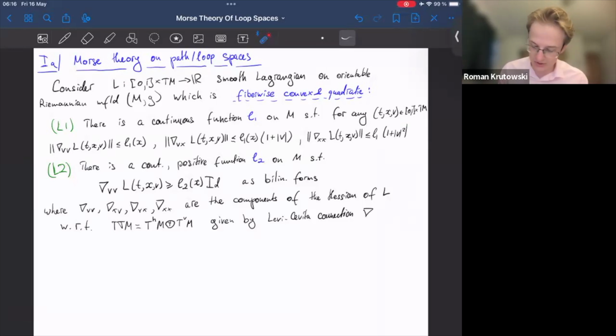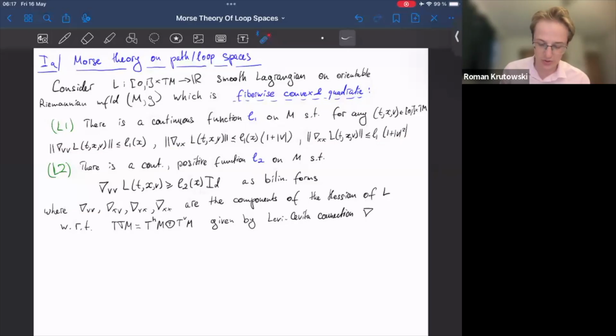But if we fix a splitting using Levi-Civita connection, this can be said that there exists a function L1 on M, and such that components of the Hessian, which are vertical and horizontal, are bounded from above the way you would expect quadratic in the norm function to be bounded.